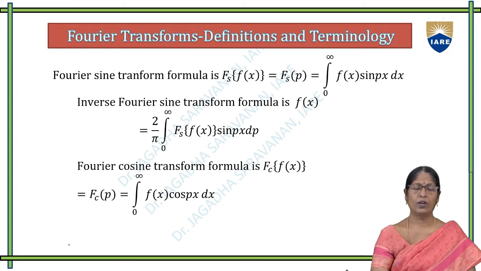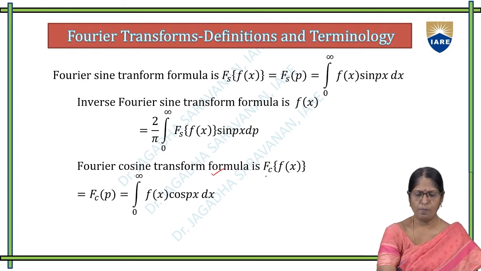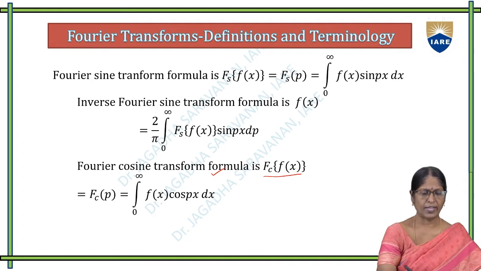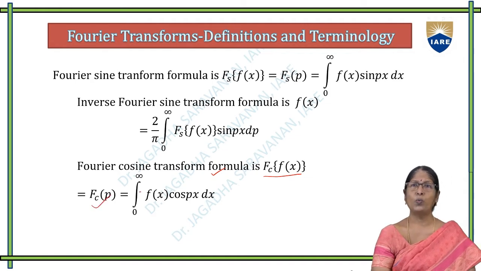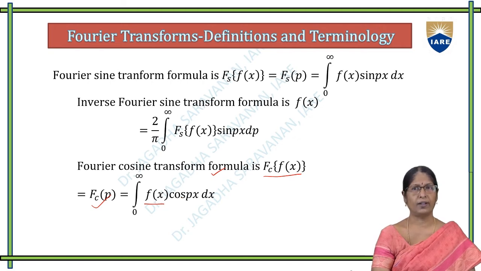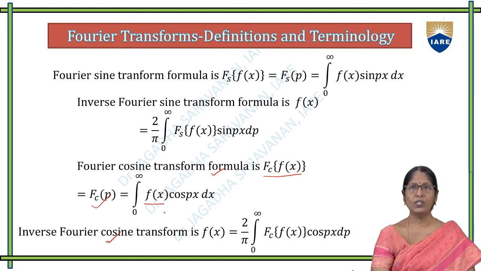So now the Fourier cosine transform formula. Here the mathematical notation is capital F C of f of x. That is capital C of p, which is equal to integral 0 to infinity of f of x multiplied by cos px dx. The next one is the inverse Fourier cosine transform.